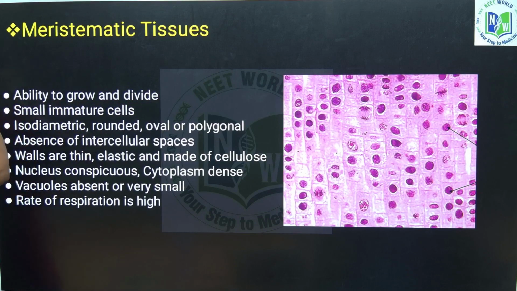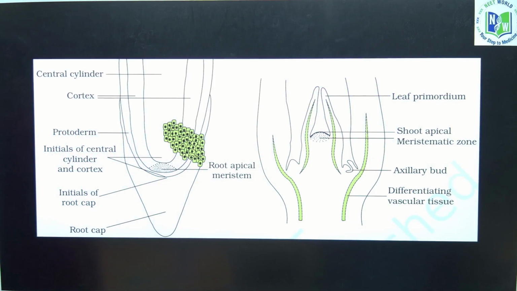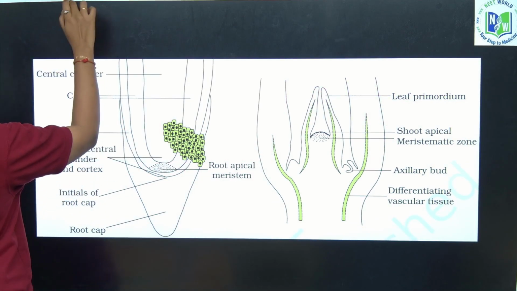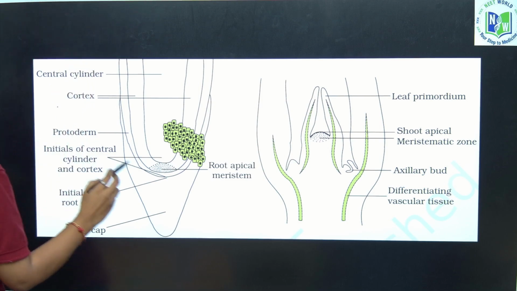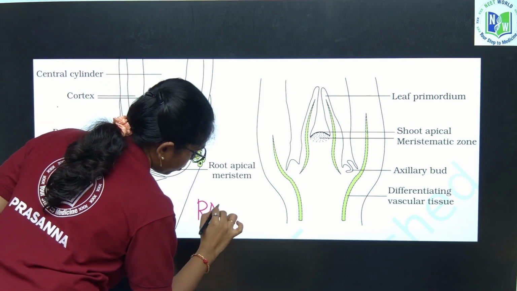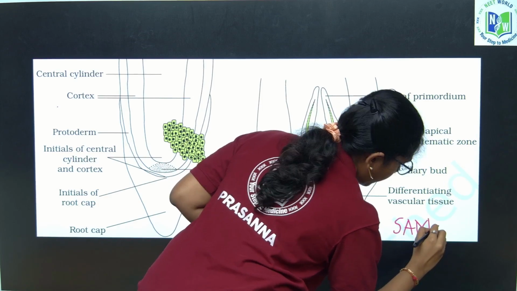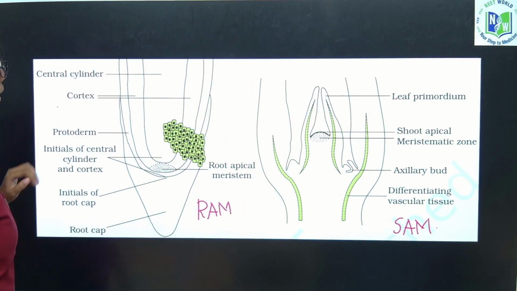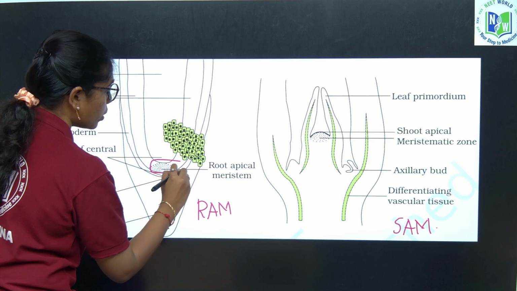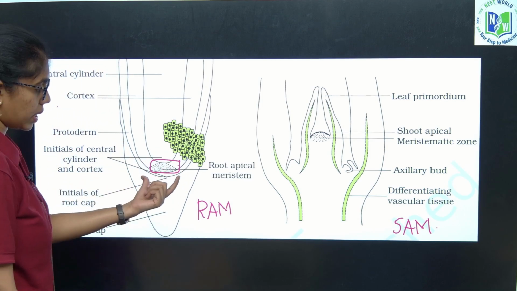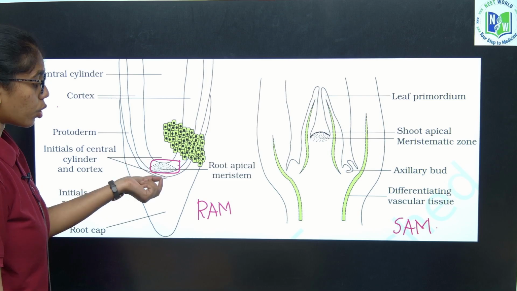Most important points. Now, this is an NCERT diagram. Most important, you look into it. See, root apical meristem and shoot apical meristem. Here, the root apical meristem is closer to the root apex.